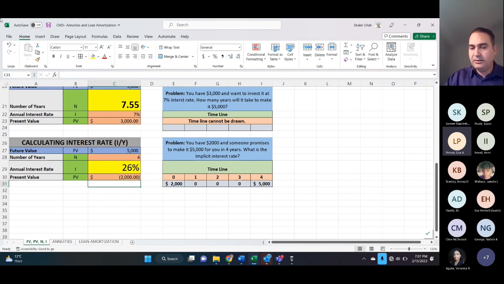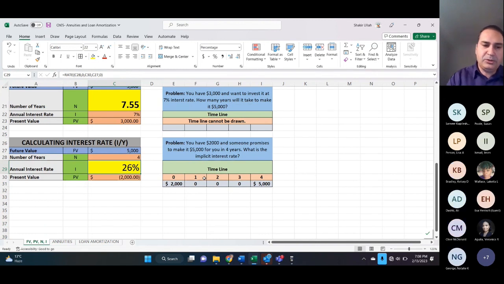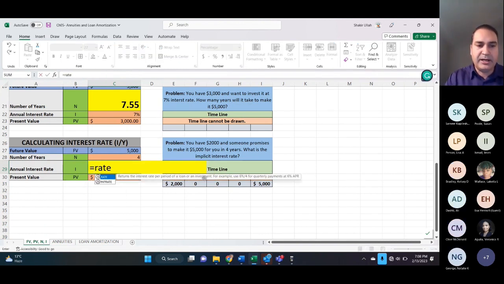Professor, what was the formula again in Excel for the interest rate? Okay, let me do that again for you. Equals, that is rate, R-A-T-E, rate. It is asking for these variables: number of periods, which is 4 right here, comma, payment. So payment is zero.